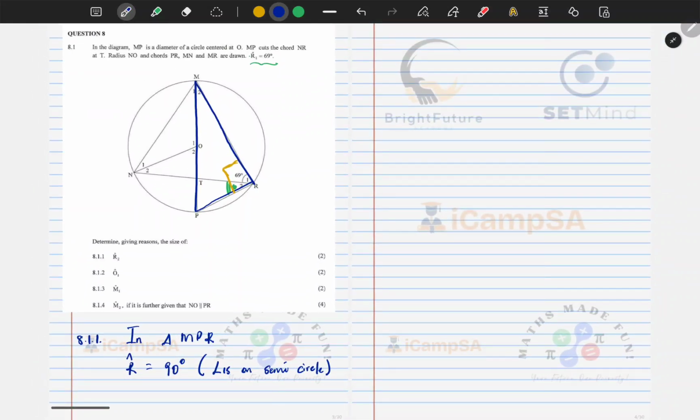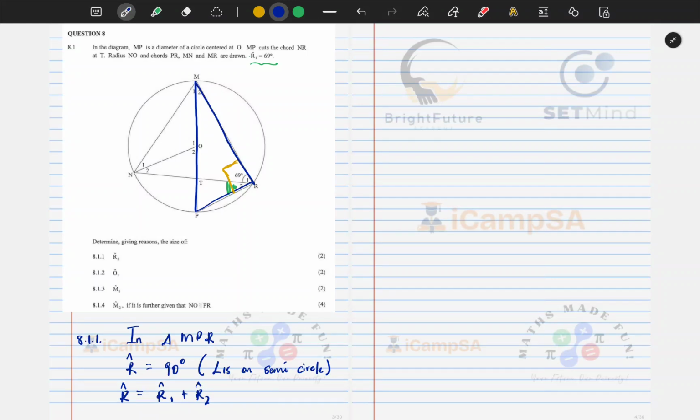But remember, what makes up R? R is made up of angle R1 plus angle R2. We don't have to provide a reason, this is just arithmetic.